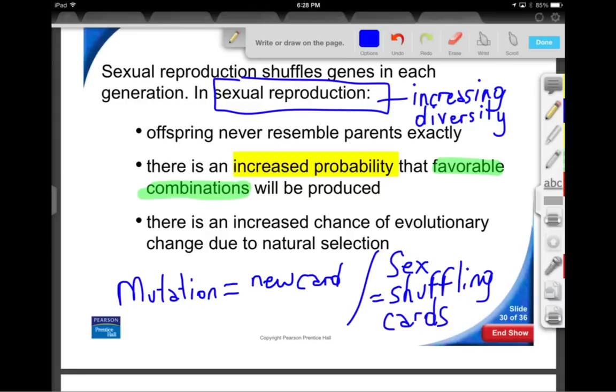Let's say maybe what you have is you got the Joker, and it's Joker's Wild. Hey, if you stick another Joker into the card game, right, and Jokers are wild, ooh, that could be an advantage in the card game.